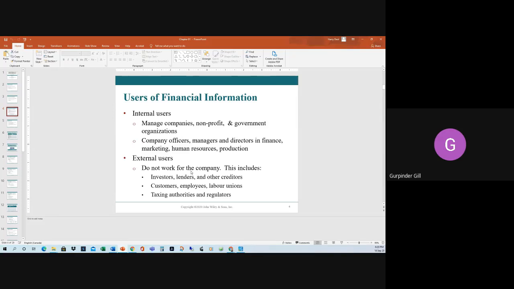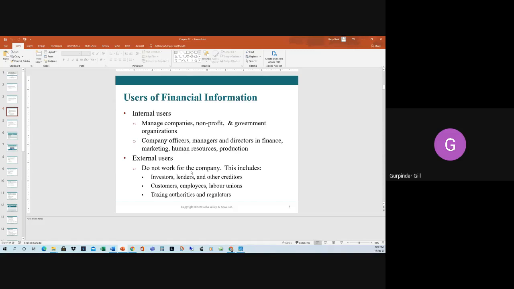Depending on who you are, you can make a reasonable assumption or determination about the company based on what you see. Again, keep in mind that when we issue the financial statements, it's the same financial statement that is put forward to all of these users.